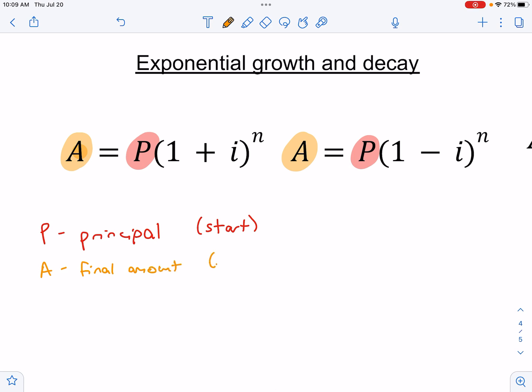Where do you want to end at? So for example, a question could be something like, I put $1,000 in a bank account with a certain interest rate. I want it to end up at $1,200. The start there would be 1,000. The end would be 1,200. Okay, A is always sort of in the future as compared to P.